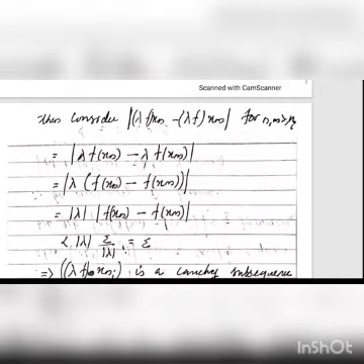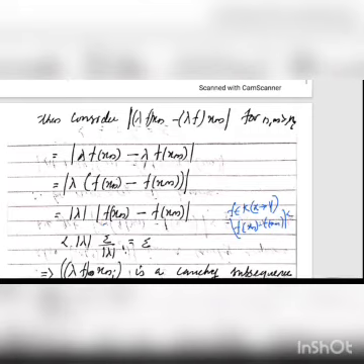Then consider modulus of lambda f of xn minus lambda f of xm. Taking lambda common and outside, you will get mod lambda into modulus of f of xn minus f of xm. Since f belongs to K of X to Y, it is compact, so f of xn minus f of xm should be less than some epsilon.